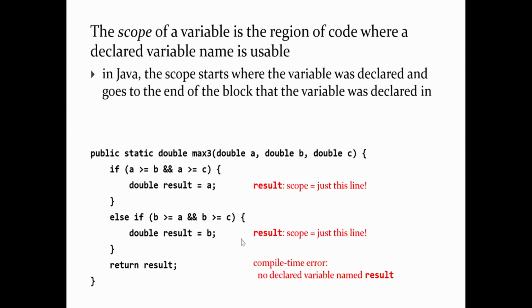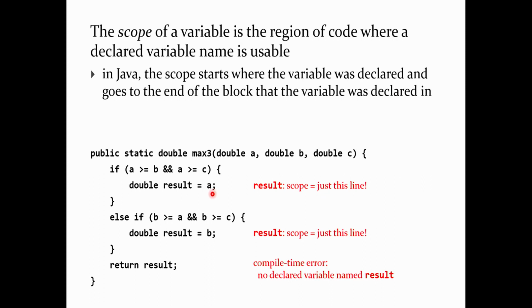Okay, now, you have to be careful in Java. The scope of the variable is the region of code where it's usable. Scope starts where the variable is declared and goes to the end of the block in which it was declared. So if you try to write the following, here's my if statement. If this if statement is true, the largest value is a, so you might write double result equals a.